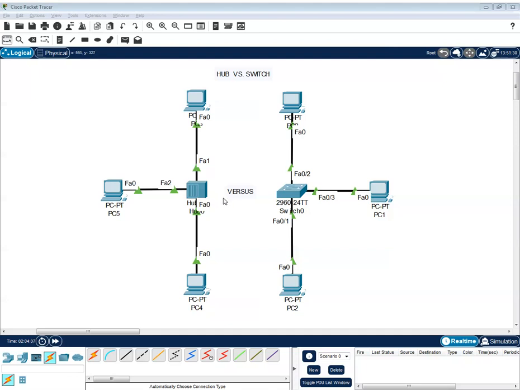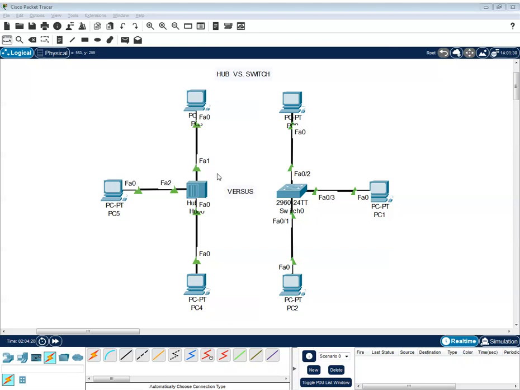While hubs are generally cheaper than switches because they are simpler devices and have fewer features. So I can say that one advantage of the hub is that it is cheaper. But when it comes to performance, it's a disadvantage.